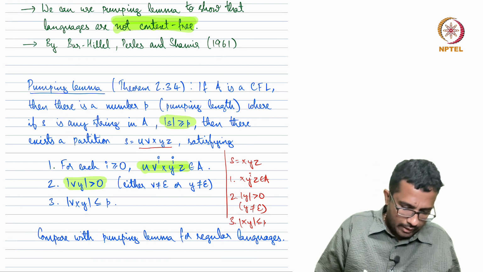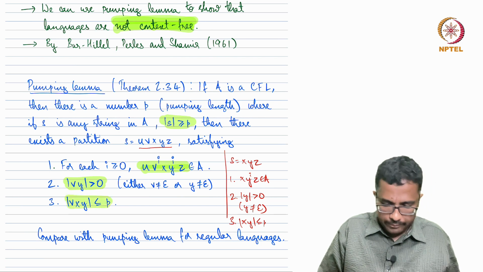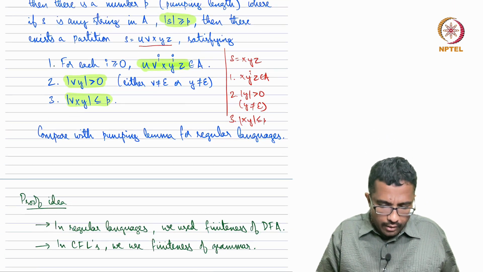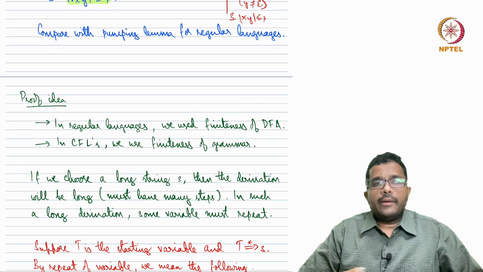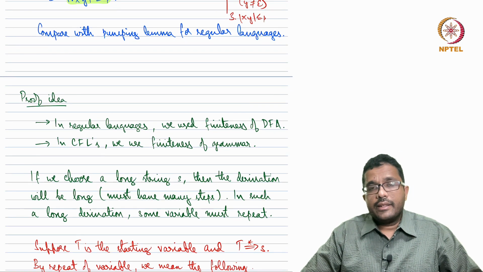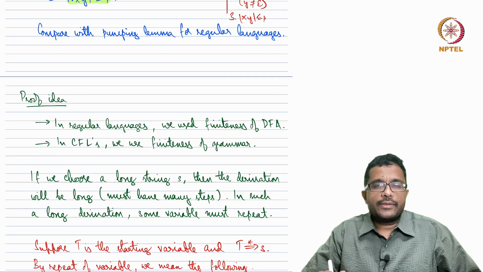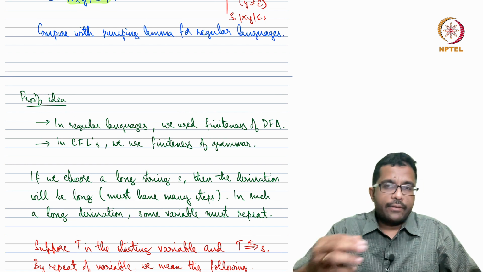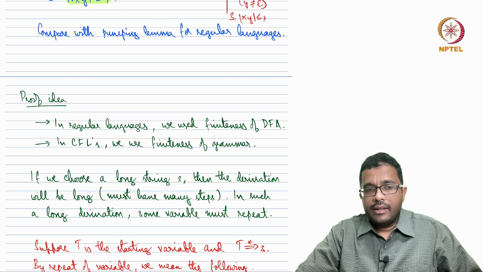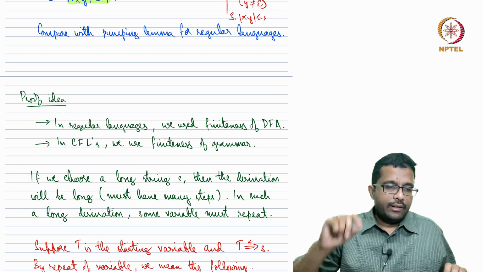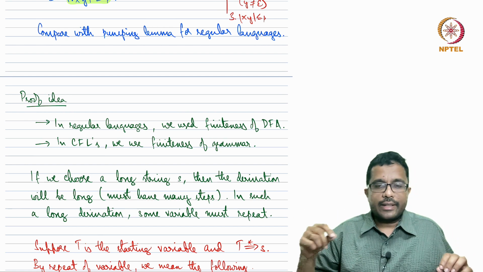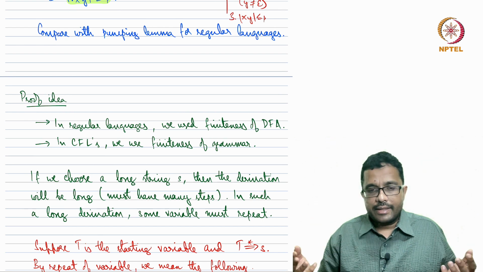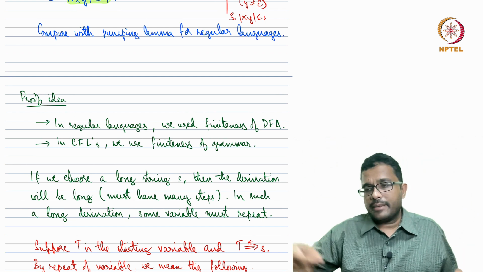So let's see why this is true. In the pumping lemma for regular languages, we use the finiteness of the DFA. We said that A is regular, so there is a finite automaton, a DFA, for A, and then we said that if the length of the string is greater than the number of states, then it has to revisit some state.